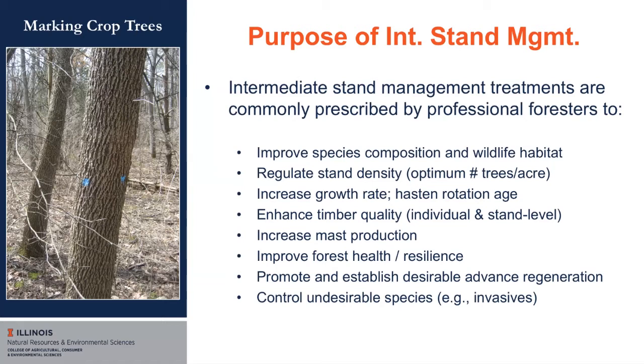We can also promote and establish desirable advanced regeneration. That's a big one here in the Midwest, where a lot of our stands lack desirable oak advanced regeneration. So we can do that via intermediate stand management. And then last but not least is a huge one, which is controlling undesirable species, invasive species like Eurasian bush honeysuckle, Oriental bittersweet, so on and so forth.